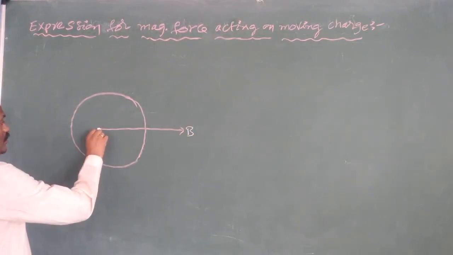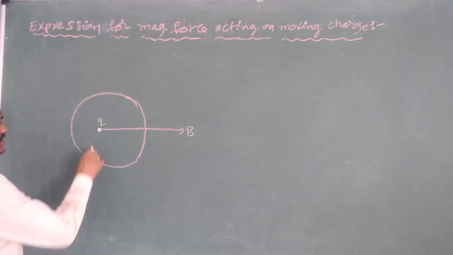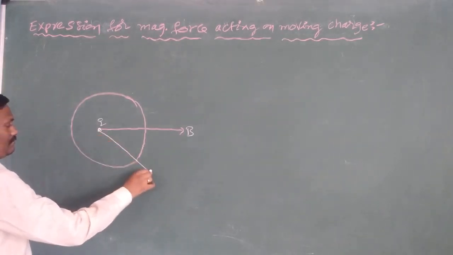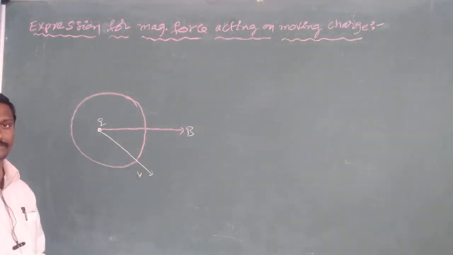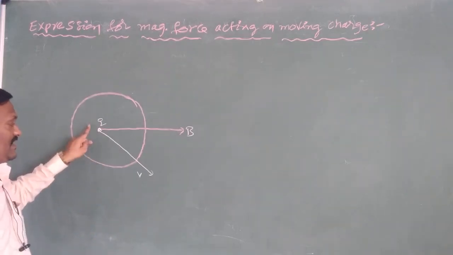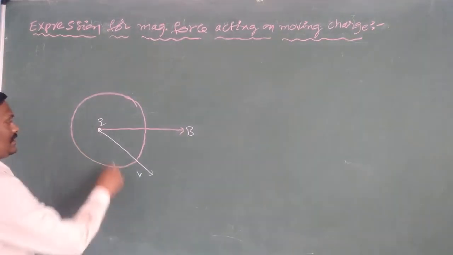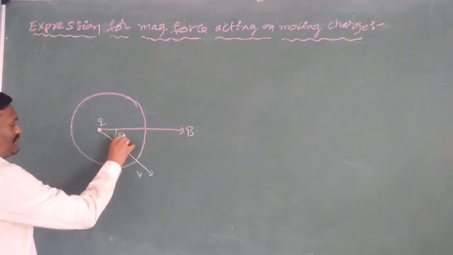Inside the magnetic field, a charge q is moving with a velocity v along this direction, and assume the velocity vector makes an angle theta with the field direction.